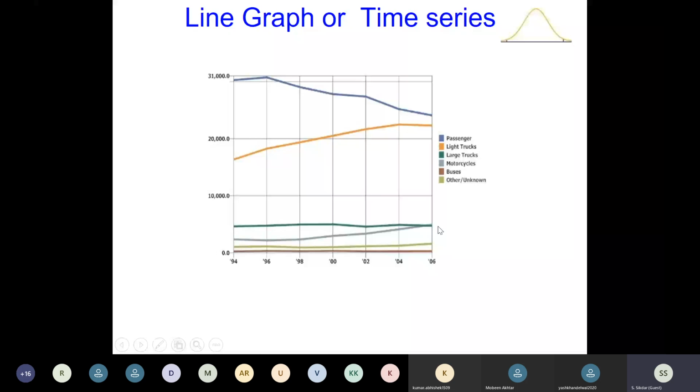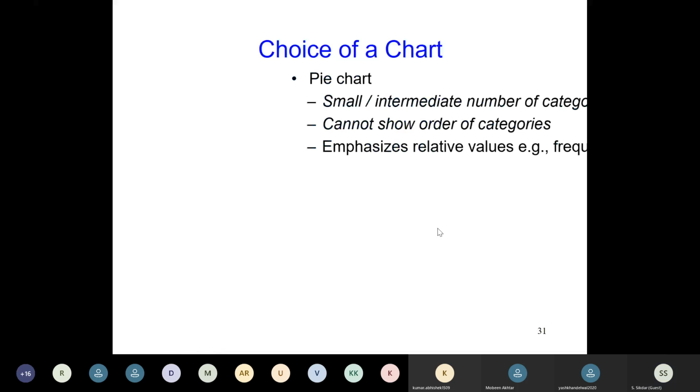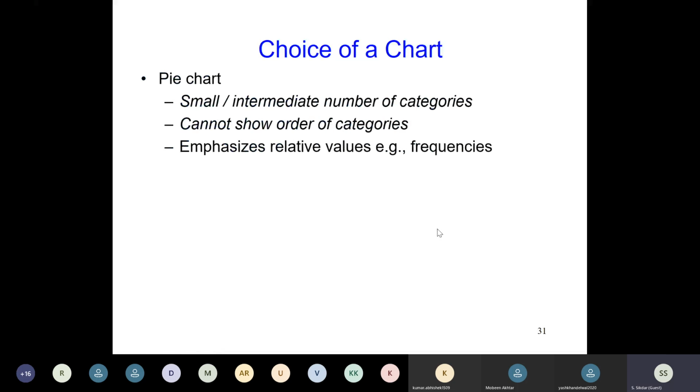Now, you have so many charts, which one should you pick and use? You have to be very careful. A pie chart suits a small or intermediate number of categories, and it cannot show the order of categories. It does not give the impression that a bar chart does. In a bar chart, you can easily understand.